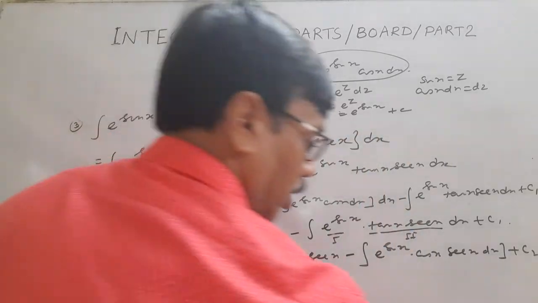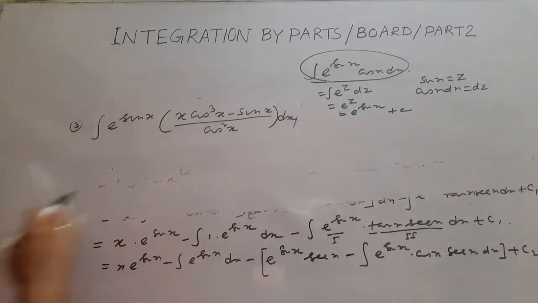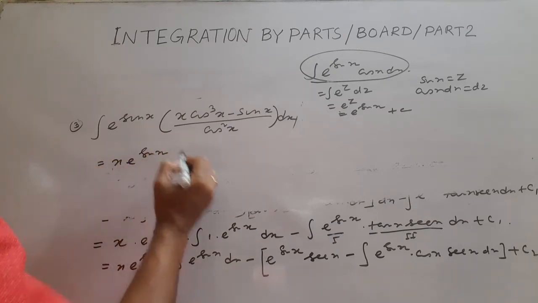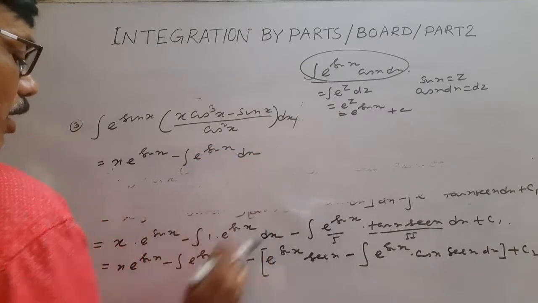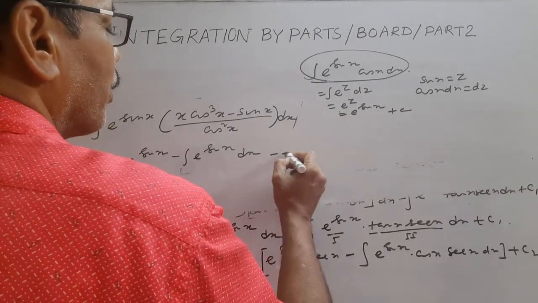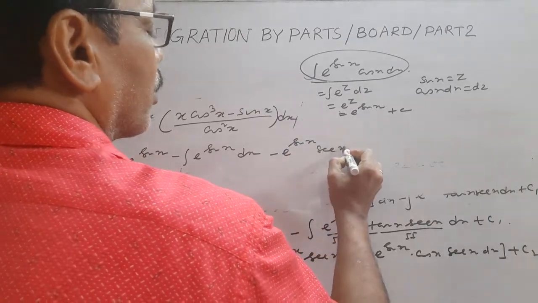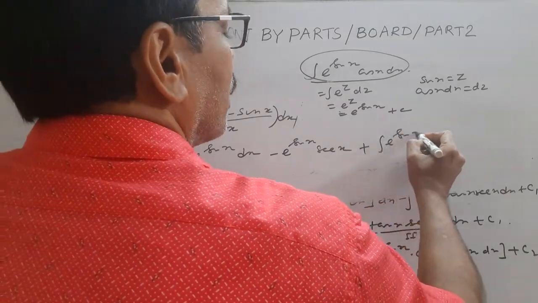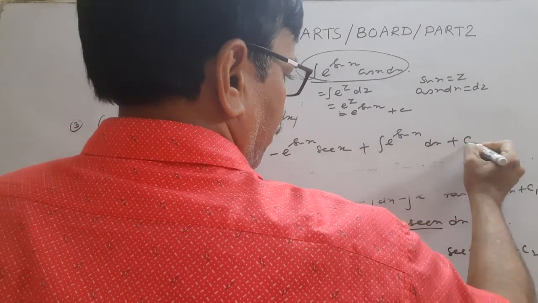So finally what we are getting: x e to the power sin x minus e to the power sin x dx, minus e to the power sin x into sec x, minus minus plus e to the power sin x cos x sec x cancel, plus c.